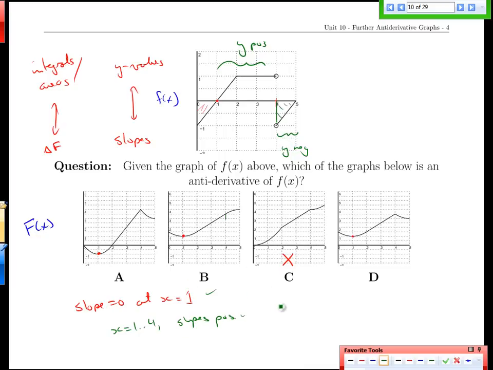We'll have negative slopes, so the slopes will be negative for x equals 4 to 5. That's true for this function. Good. It's not true for this one, so we can rule out B finally, but it is true for this one. Okay. Last but not least then, which of these two graphs is the right one?